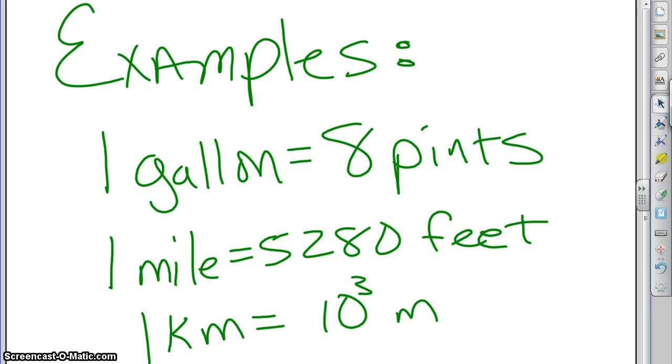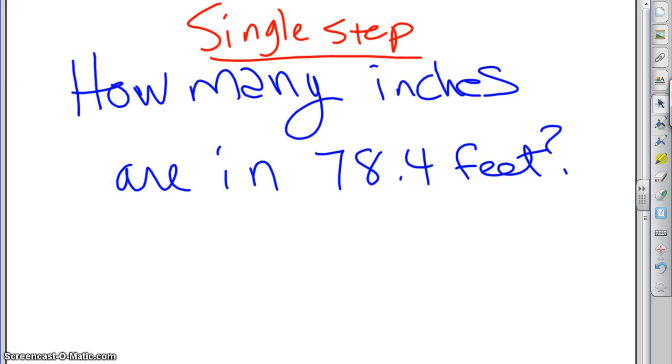Examples. 1 gallon is the same thing as 8 pints. 1 mile is the same thing as 5,280 feet. 1 kilometer is the same thing as 1,000, or 10 to the third, meters. So those are some examples. A conversion factor is just a statement of two equal quantities in different units.